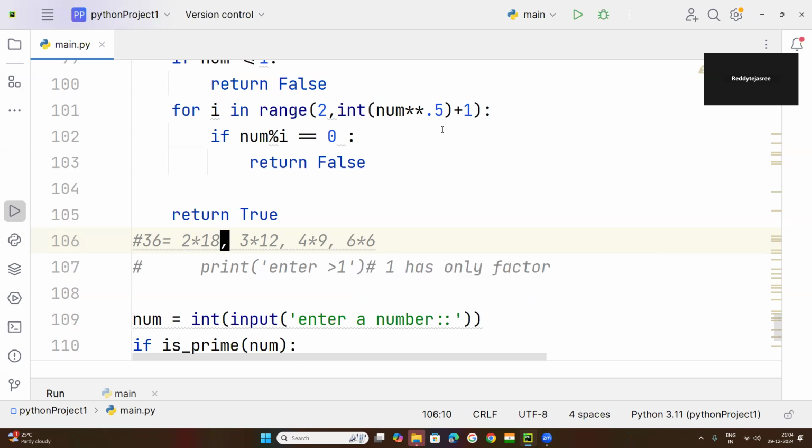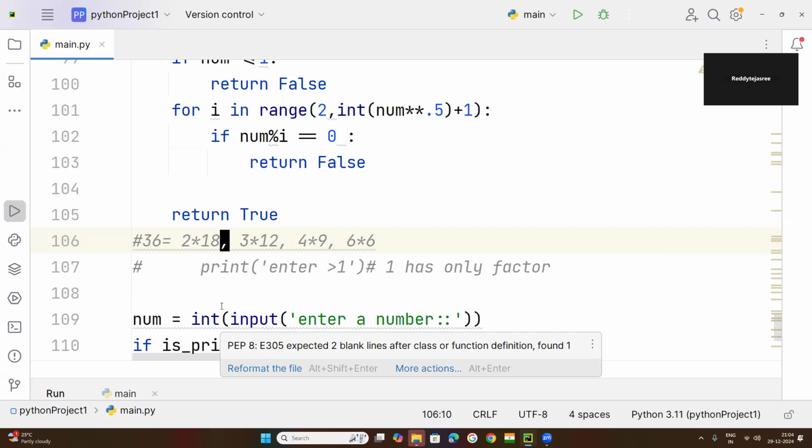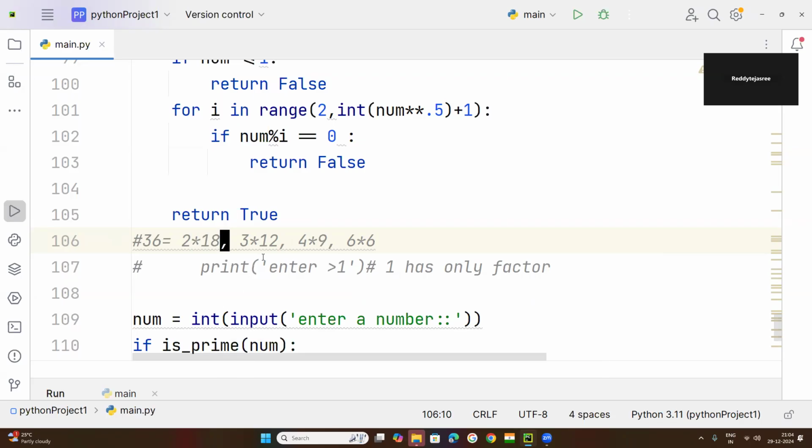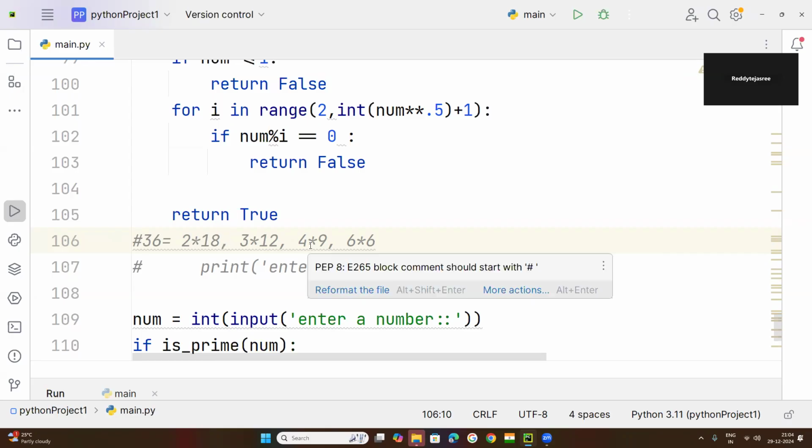Suppose you have taken 36, it is being divisible by any number between 2 and its square root. What is its square root? Root of 36, 6. So in between 2 and 6, if 36 is divisible by any number, then it is not prime.